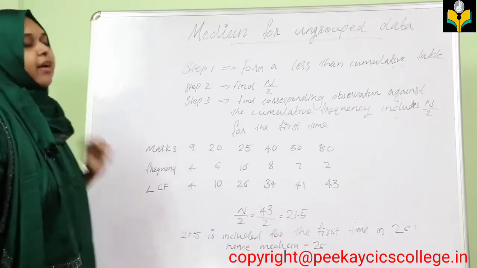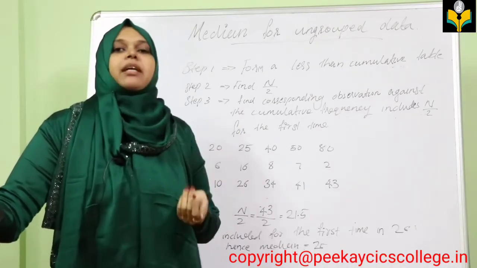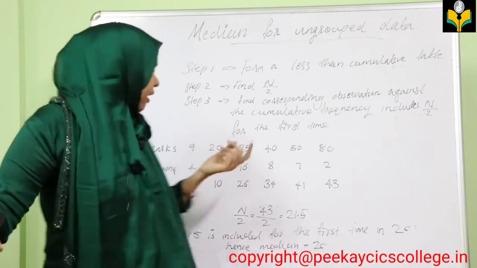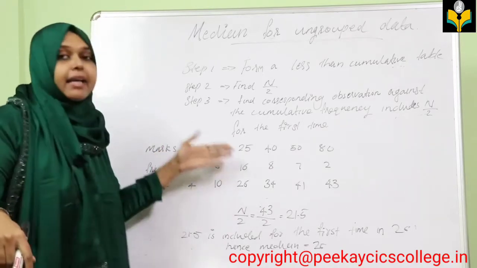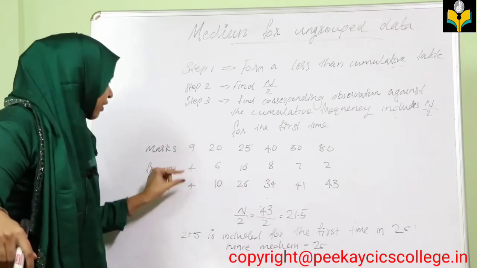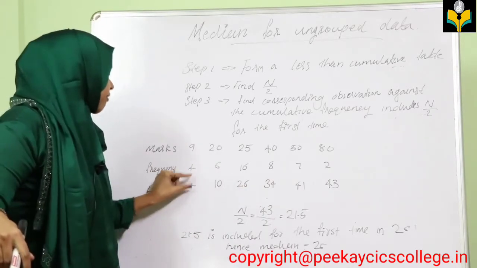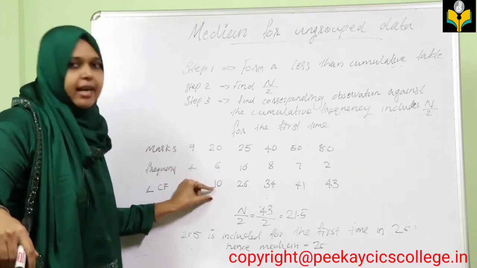So in this way you find the less than cumulative frequency by adding up the frequencies. First you write the first frequency itself, then you add the next frequencies: 4 plus 6 is 10, like that.